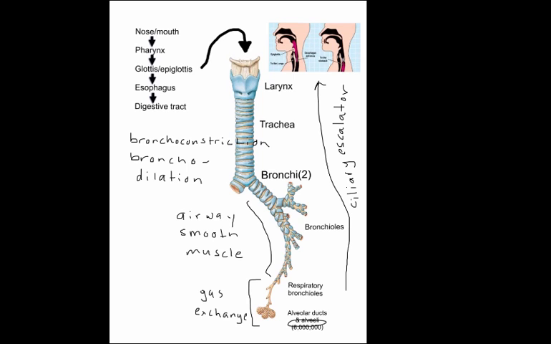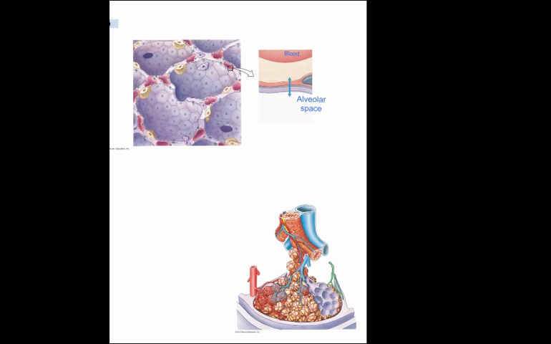Okay, let's talk about a little more detail about the structure of these alveoli. So the alveoli, if you'll notice, are in very close proximity to the blood supply. So here we've got a bronchiole that's branching into alveoli, and here we've got a pulmonary arteriole which is branching into all of these pulmonary capillaries here.